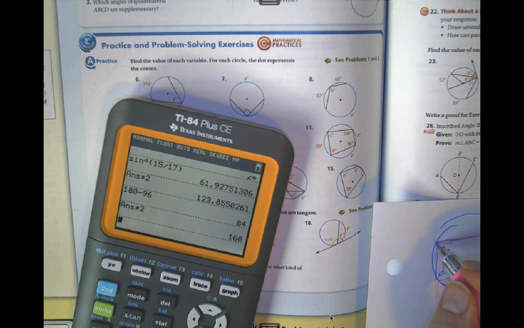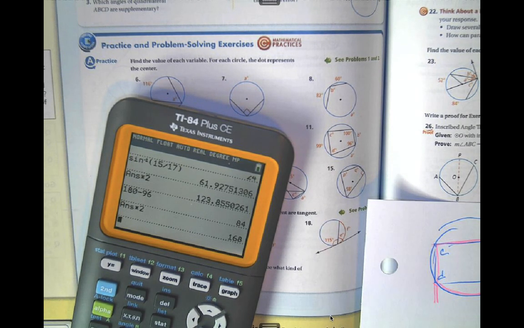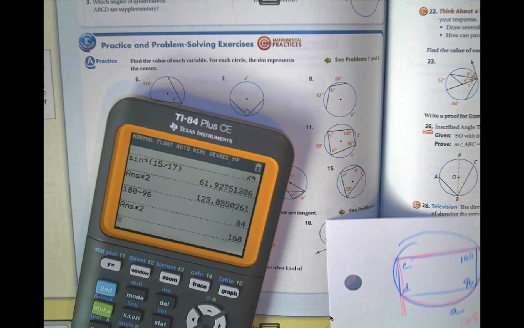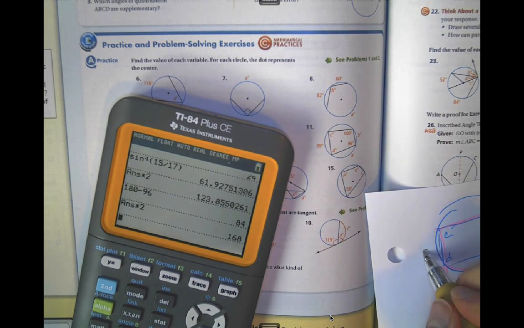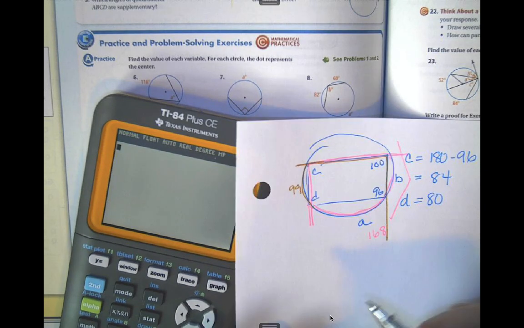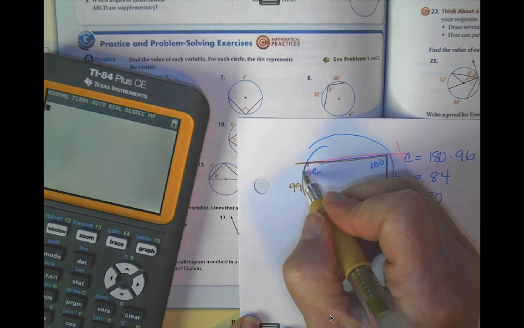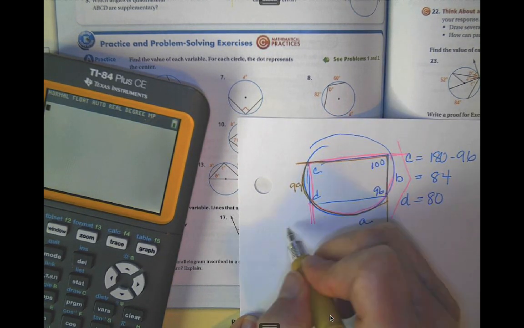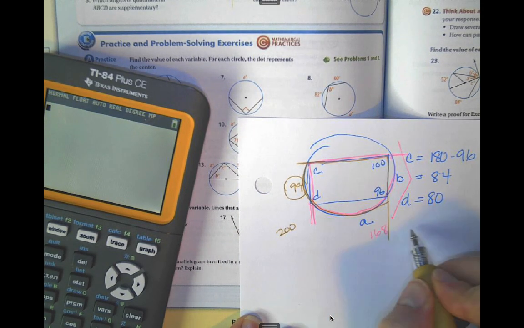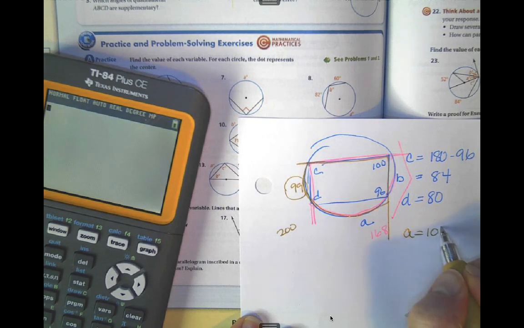What about if I look in this other direction? They also tell me that this part right here is 99. So if I open up that 100, if I double that, this whole piece right here should be 200. If I know this piece is 99, that would make A 101.